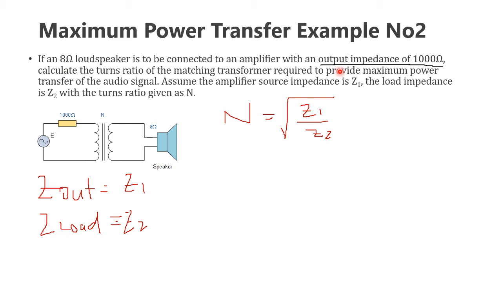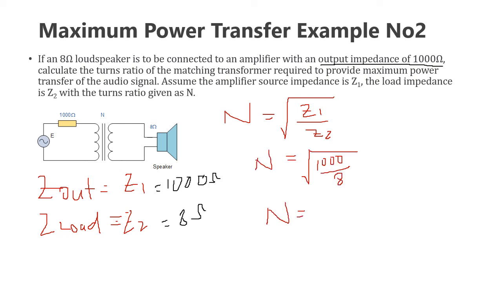We know Z1, the output impedance, is 1000 ohm, and Z load is 8 ohm. So N is the square root of 1000 over 8. If we solve this, we will get the value 11.2 over 1. So this is the turns ratio of the transformer.